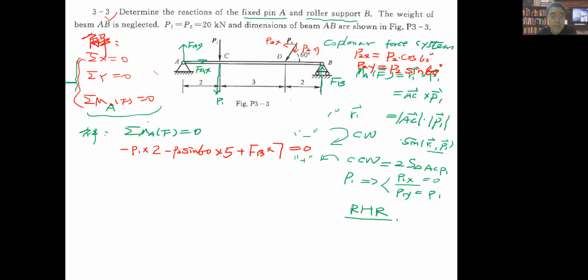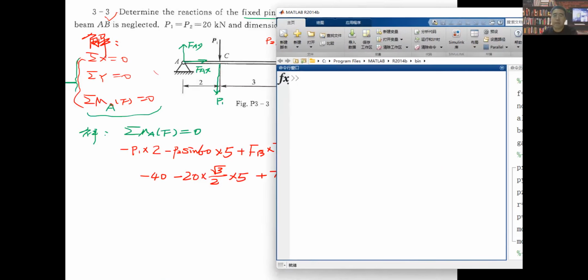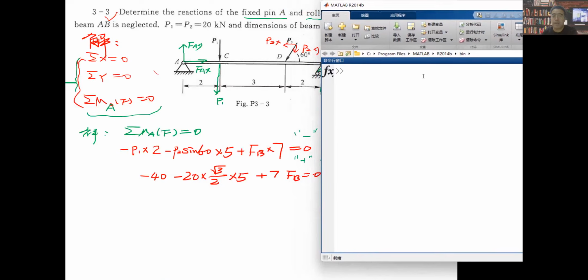So let's do it together. This is 20, so we have minus 40, right? And this one P2 is 20, sine 60 should be square root 3 over 2, times 5, plus 7 times FB. After we have this, we can just use our calculator or software to find the result.